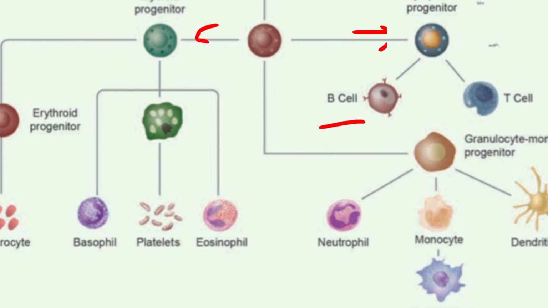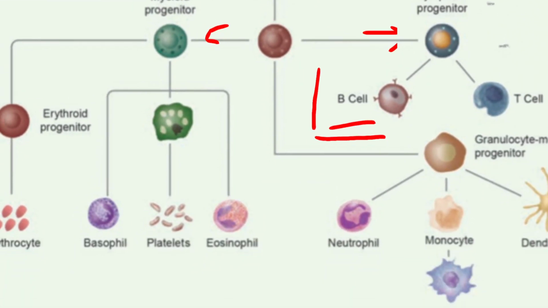The hemopoietic pluripotent cell directly gives rise to agranulocytes and granulocytes. From the granulocyte progenitor, neutrophils, monocytes and dendritic cells are formed. On this side, from the myeloid progenitor, you can see the erythroid progenitor which forms erythrocytes.